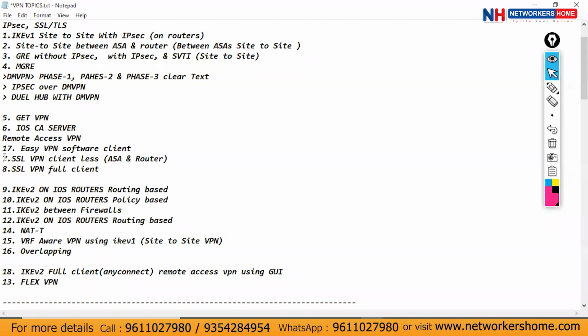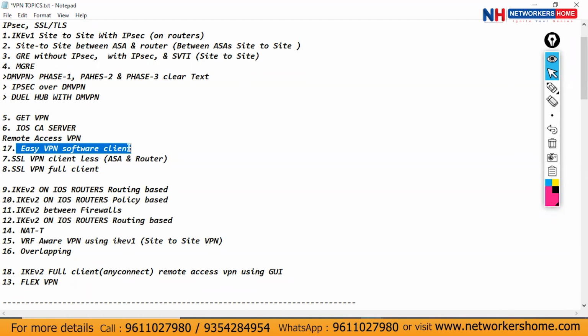So in remote access VPN, first of all, I'll give you an introduction about the traditional type of VPN. Traditional means which was used earlier, but is now not used. What was the difference? What changed? I'll give a few examples. ISE VPN was supporting only IKEv1. In IKEv1 also, it only supported Diffie-Hellman group 2.